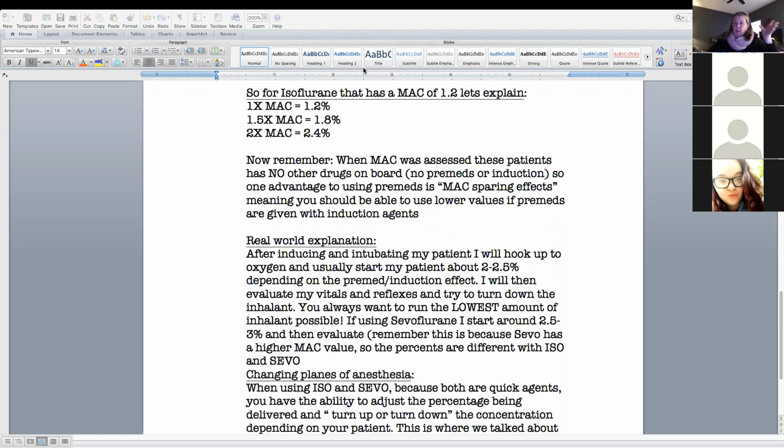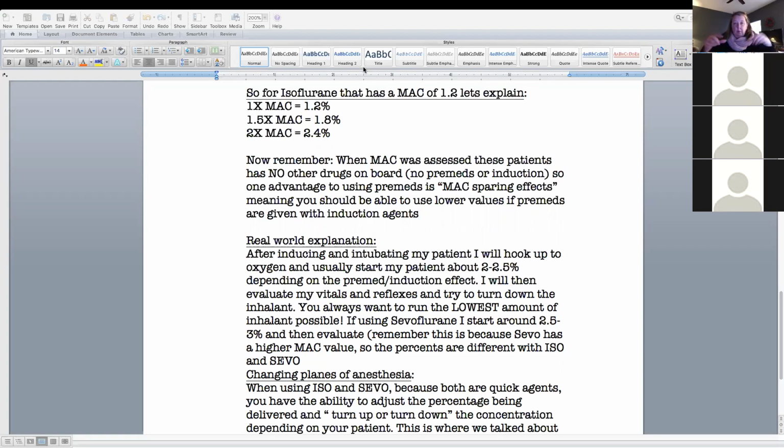So I call it an adjunct because you're using it with the inhalant, and it competes for oxygen. You can't run too high of amounts because you can make them hypoxic. It competes for the air sacs in the lungs, and it can displace oxygen. So you have to deliver it in a very precise way and make sure they're breathing okay.